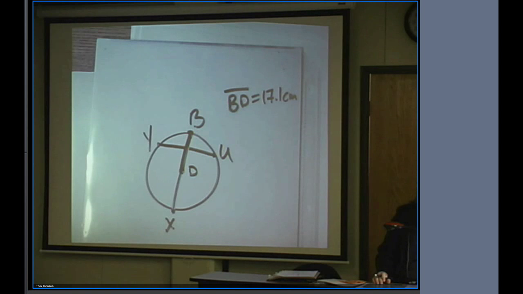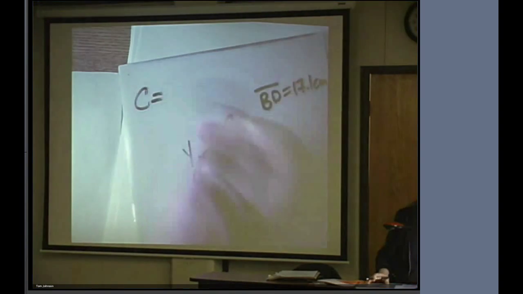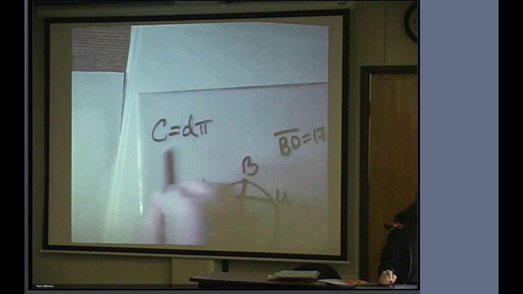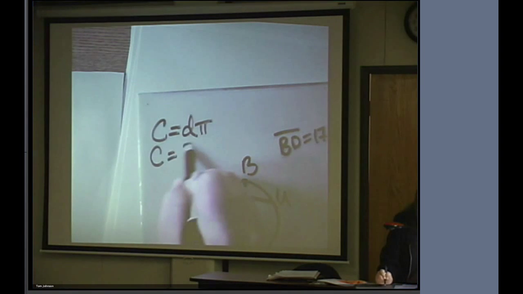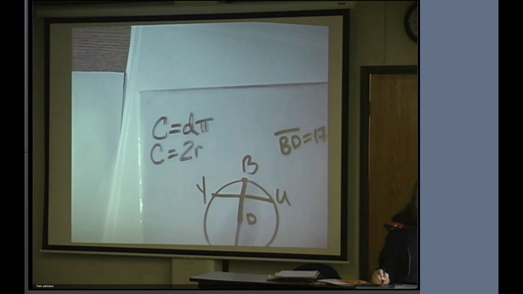Now, if I'm trying to find the circumference, what formula do I want to use? Circumference equals the diameter times pi, or circumference is 2 times the radius times pi.